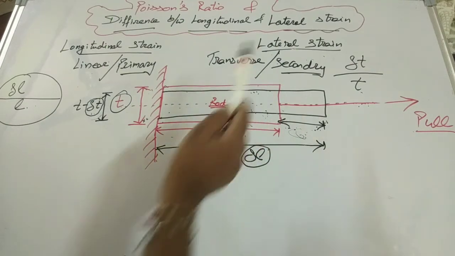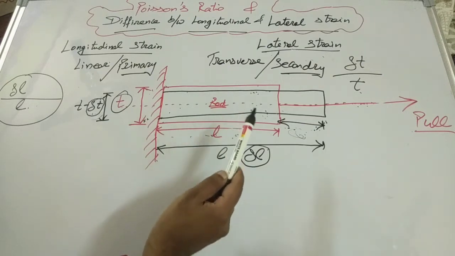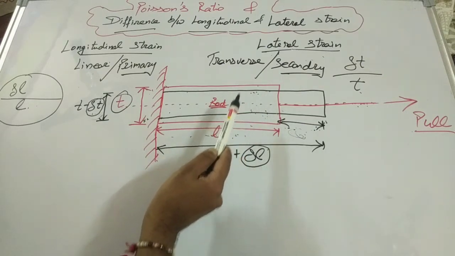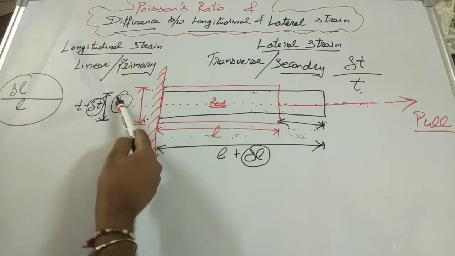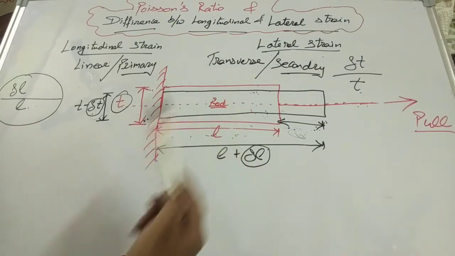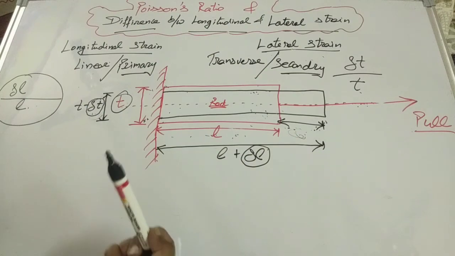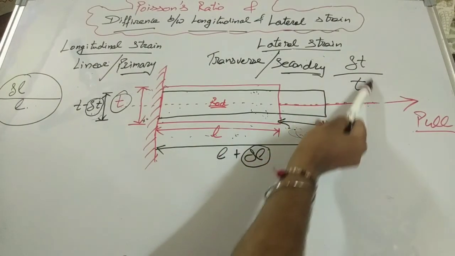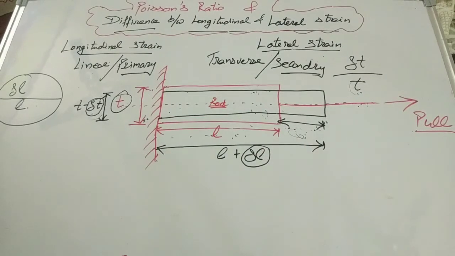So the lateral strain is the deformation at a right angle to the line of action of force, divided by the actual dimension, which is T, known as lateral strain, transverse strain, or secondary strain, which is delta T divided by small t. Clear, guys? This is the complete concept of longitudinal strain and lateral strain.